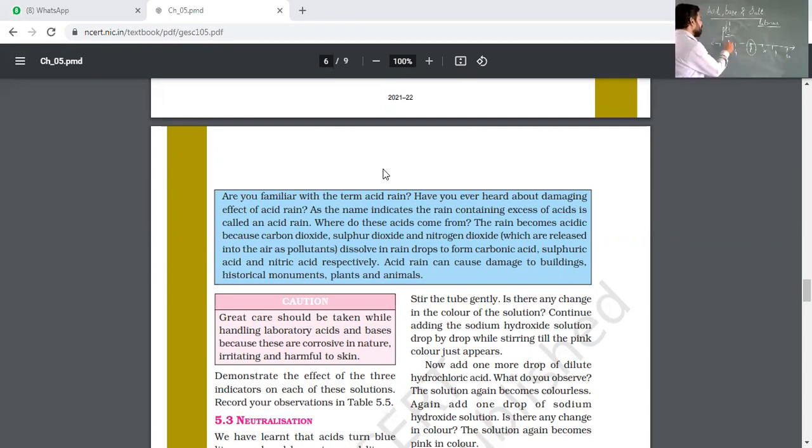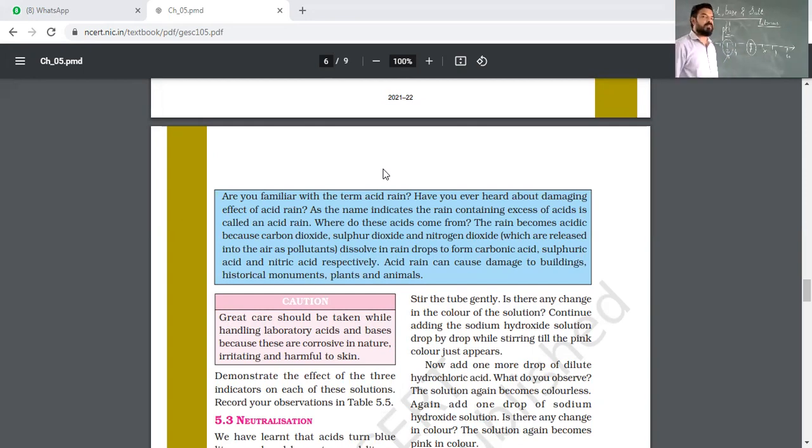Suppose the substance matches the color of the pH paper at 2. Is it 2? If it matches with the digit 2, then that substance, material, or liquid, whatever it is, is highly acidic.